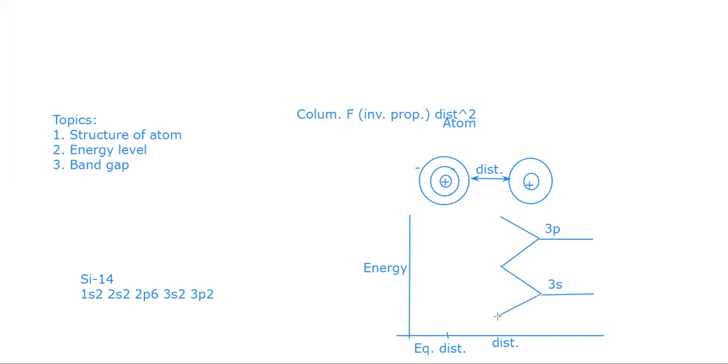So this is called splitting. When you bring two atoms closer, at a certain point their energy levels are going to split up. So there are many energy levels here and here, and no energy levels in between.